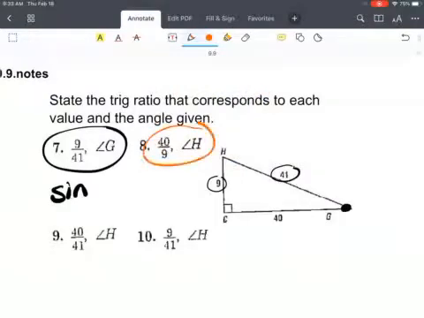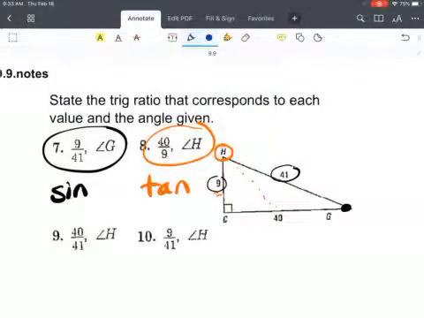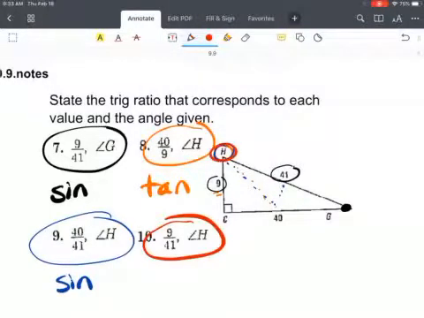For number 8, we're looking at angle H, and 40 over 9: the opposite is 40 and the adjacent is 9, which is the tangent. When I'm looking at angle H and 40 over 41, that is opposite over hypotenuse, which is the sine. And for the last one, angle H, and then adjacent is the 9 side over the hypotenuse, so that is the cosine.